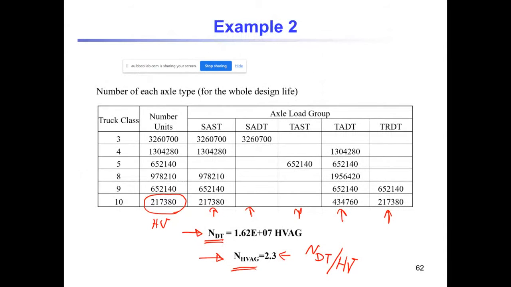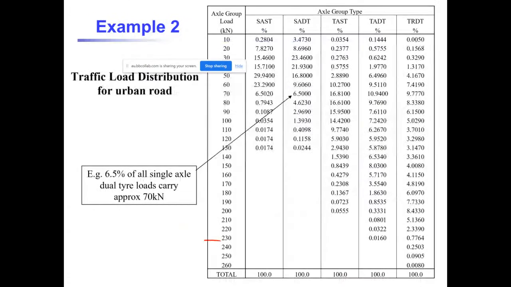Now, as I mentioned, this won't give you any information about the magnitude of the load passing through the road. So again, based on the traffic data that we have, we can determine the distribution of the load for each axle. So what is this table?